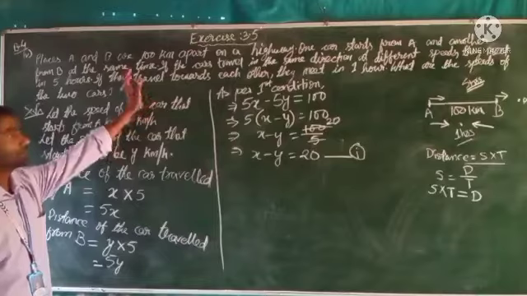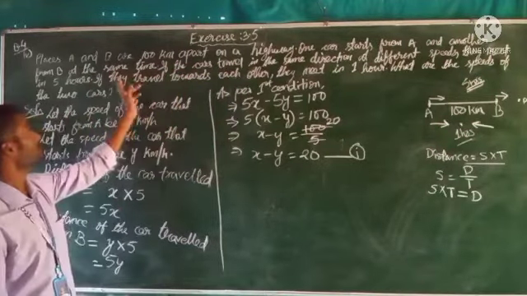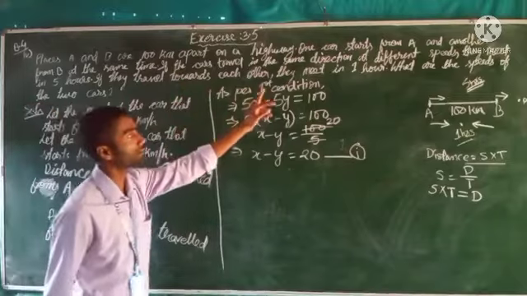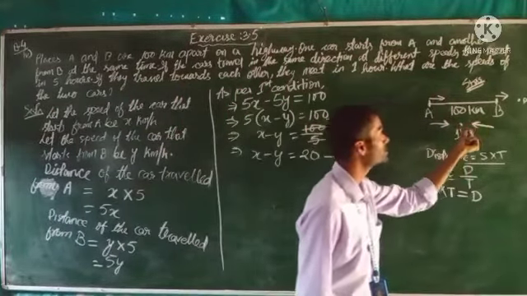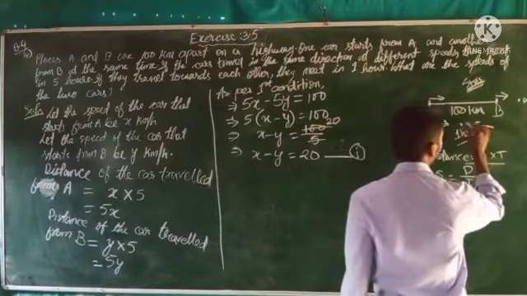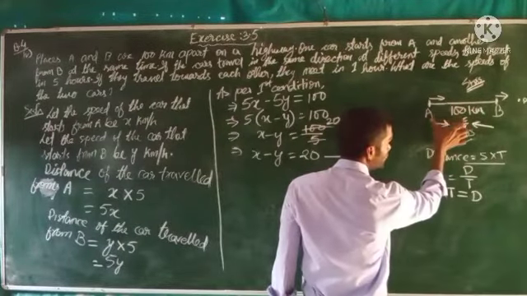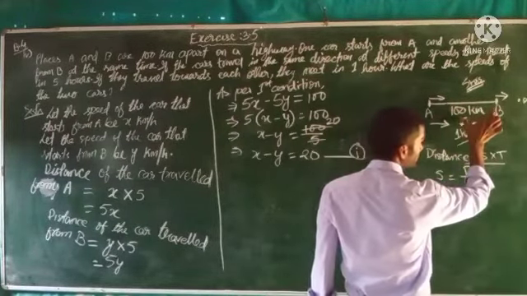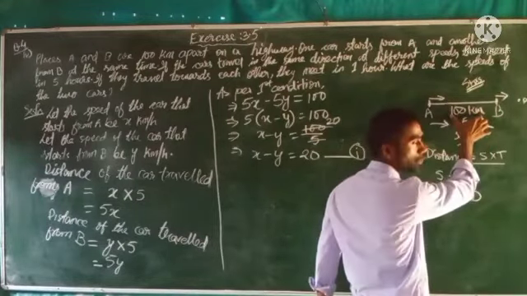Now we move to the formation of the second equation. It is said that if they travel towards each other, they meet in 1 hour. That means when they are traveling towards each other, they are covering the same distance. If I say the point E, then the distance from A to E plus the distance from B to E will be equal to this 100 kilometers.